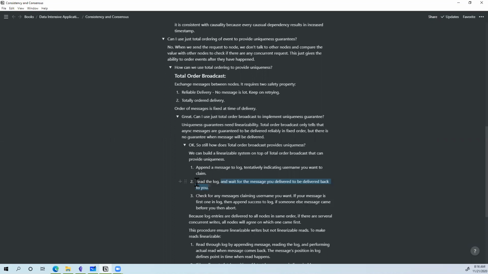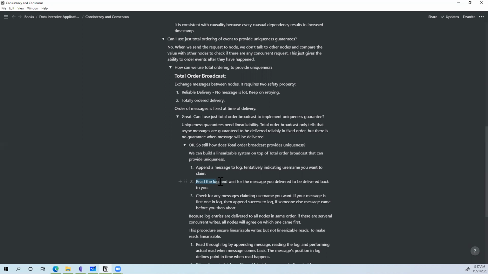If different nodes have different logs, then whose log are we reading? If we are waiting for the value from all the nodes, and different nodes have different logs, then whose value will we take? That is another question.